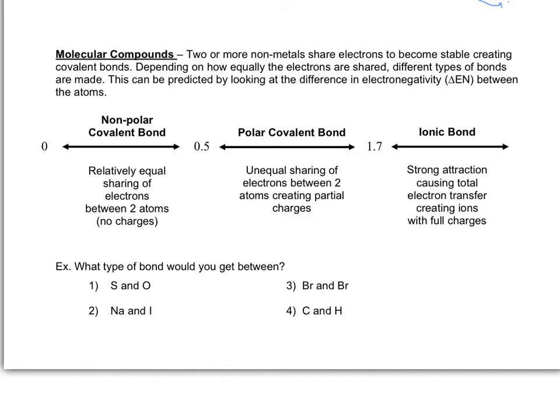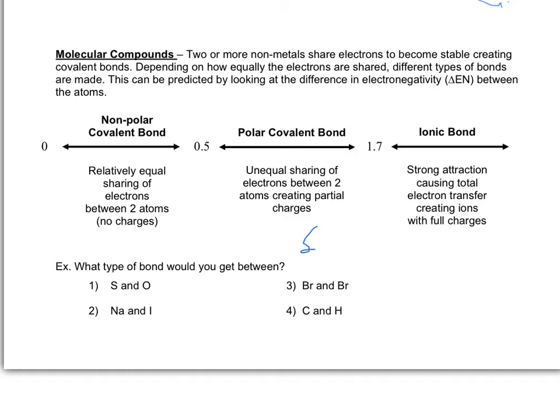Instead of putting a 3/4 - or a 0.25+, we use a little squiggle to show that. It's actually the lowercase letter delta in the Greek alphabet. If you have unequal sharing of electrons, this is known as a polar covalent bond.